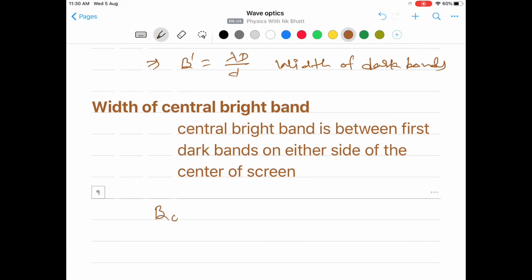Therefore, the width of the central bright band would be y1 dash plus y1 dash. So y1 dash is the position of the first dark band on the upper side or left side of the center of the screen, and y1 dash is on the other side, that is below or right side of the screen. We can take horizontal and vertical aspects both.